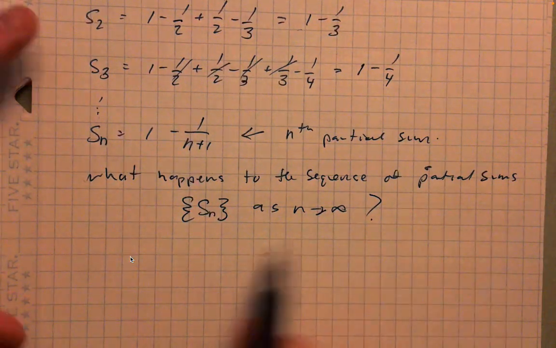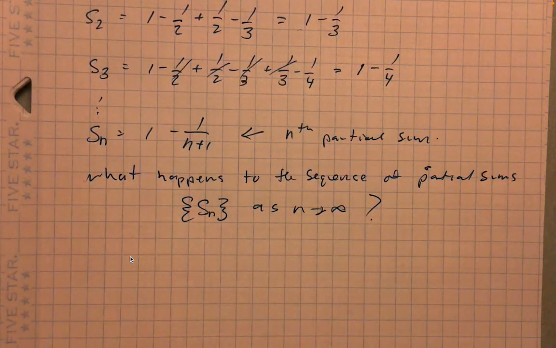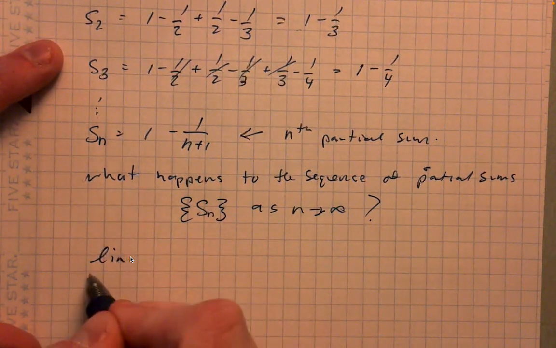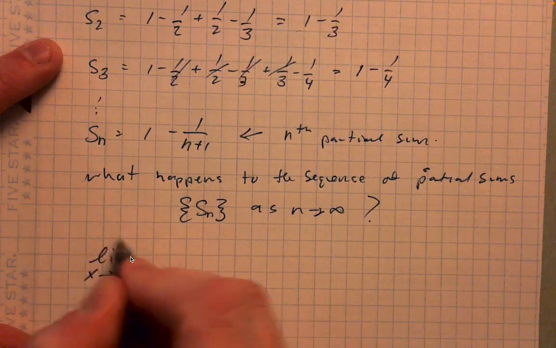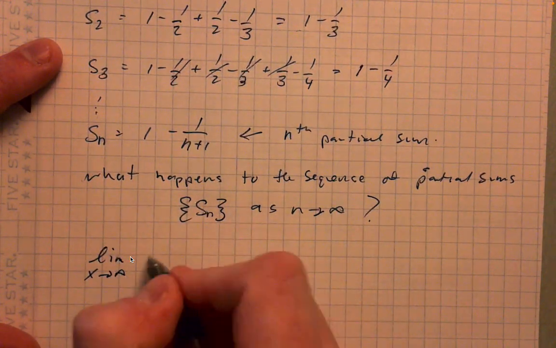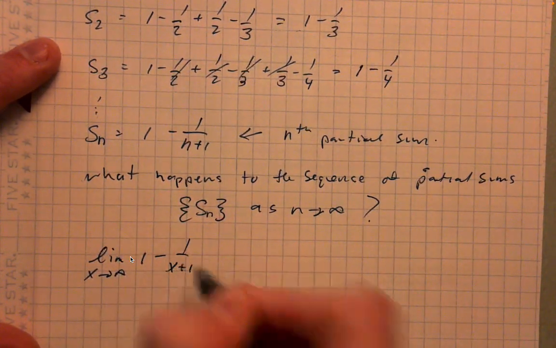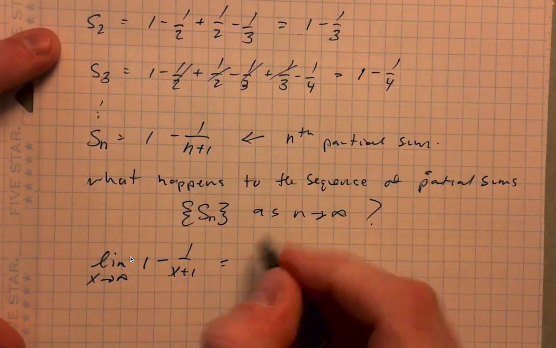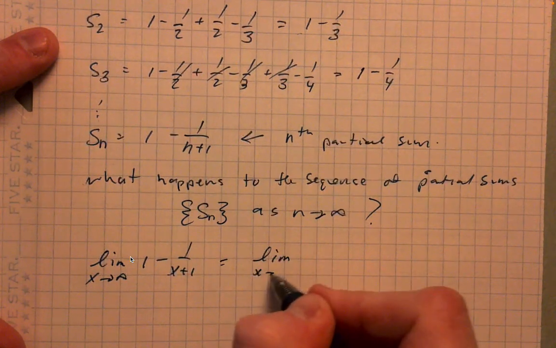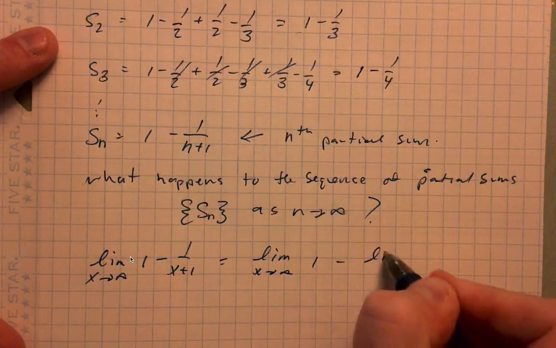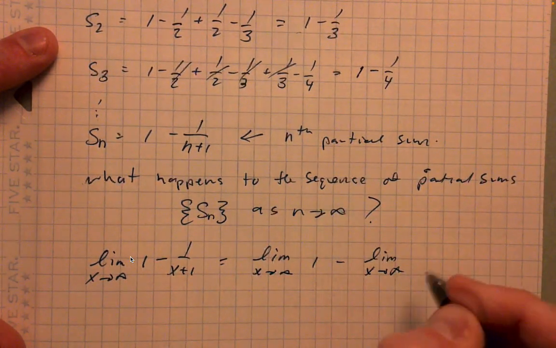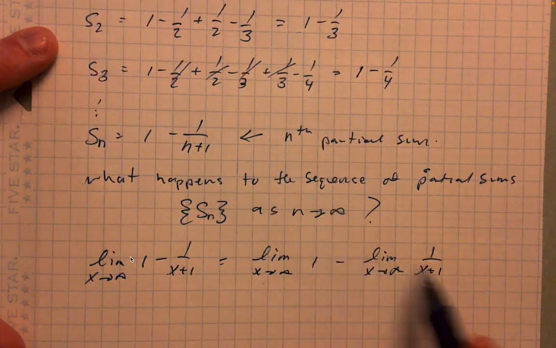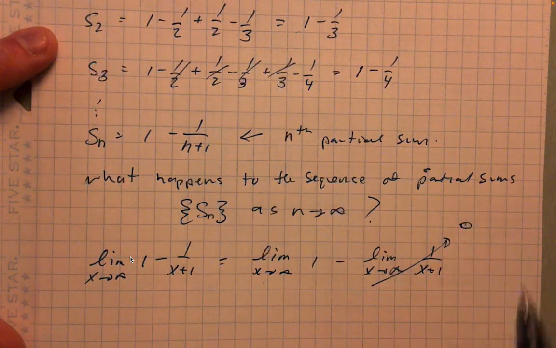Well, again, falling back on what we talked about in the previous section with sequences, we're just going to need to look at the limit of the function. So the limit as x goes to infinity of 1 minus 1 over x plus 1. What happens here? Well, this is pretty straightforward. You're going to have the limit as x approaches infinity of 1 minus the limit as x approaches infinity of 1 over x plus 1. Right, so this one is 1, and that one goes to 0.